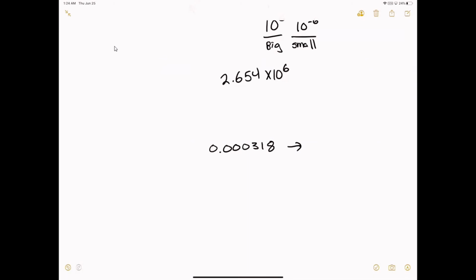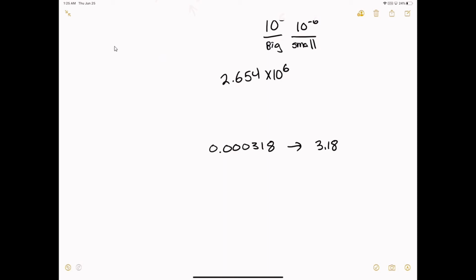So what I'm left with is 3.18. I'm not going to put those zeros in front of it because those zeros really are just placeholders. They don't really mean anything. They're just shifting things over into the tenths place or the hundredths or the thousandths or 10,000ths place in this example. So ignore those zeros in the front. They're called leading zeros.